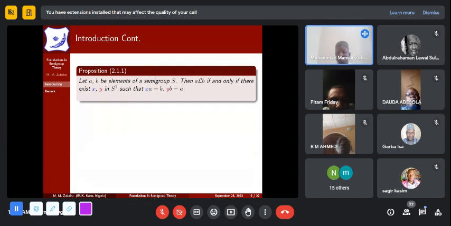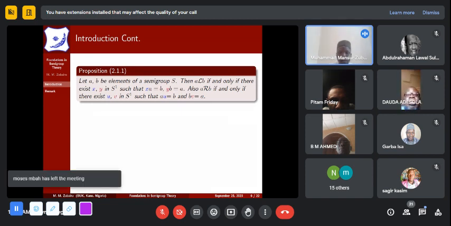So we can demonstrate similarly for R, that is A and B are R related if and only if there exist U, V in S1 such that AU is equal to B and BV is equal to A. We can demonstrate one of these propositions to see how we can deduce such.